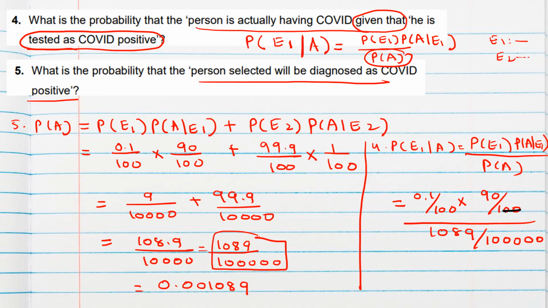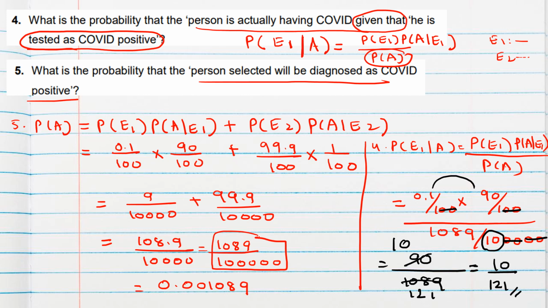We can cancel 4 zeros directly. And these two if you multiply you will get 9. This 10 is remaining here, that will go up. That will make it 90 over 1089. So we can cancel by 9 directly. Yes, 10 by 121 will be the final answer. I hope it's clear. You understood the case study. Thank you so much.